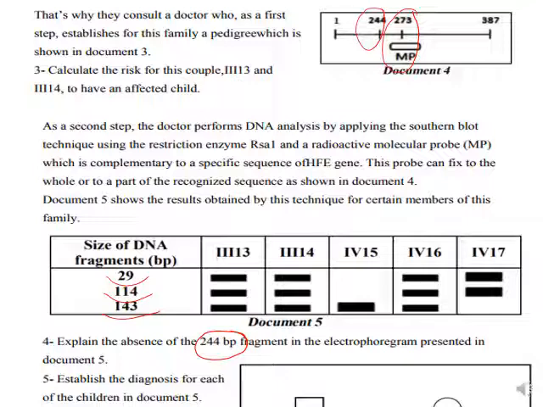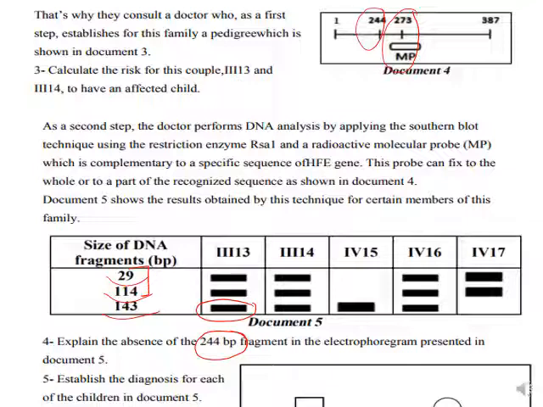So 143 is for the normal. An individual having only one thick band of this means that it's homozygous and pure. However, the electrophorogram shows bands 29 and 114, which represent the mutated one.